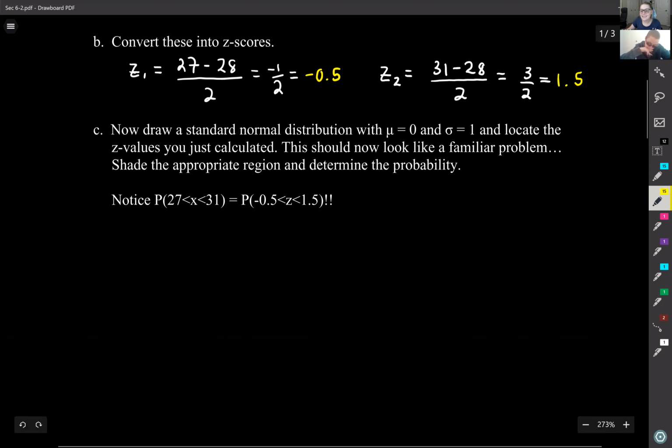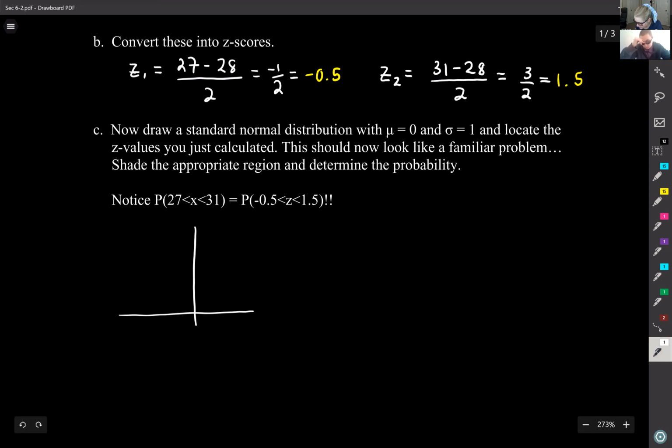So we did this a little bit in last class where I would draw the diagram and then shade in the area we were trying to find. So I'm going to do that again. We just draw our bell curve, and in the center we have 0 because our mean is 0. And the values that we have, those z-scores, we have 1.5, and then we have negative 0.5.